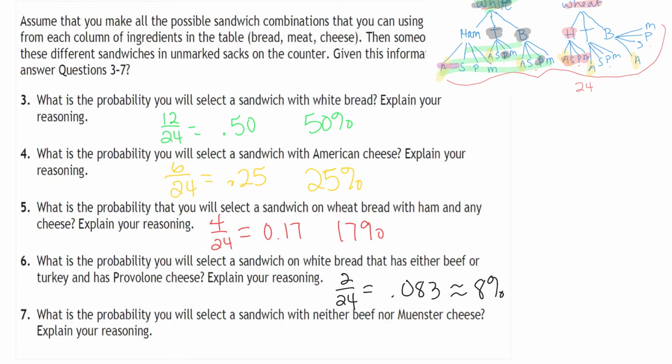So that would be this group here, but none of the beef ones, and then this group here, but none of those beef. So 3, 6, 9, 12. So that would be 12 out of 24, which again is going to give us a 50% chance.